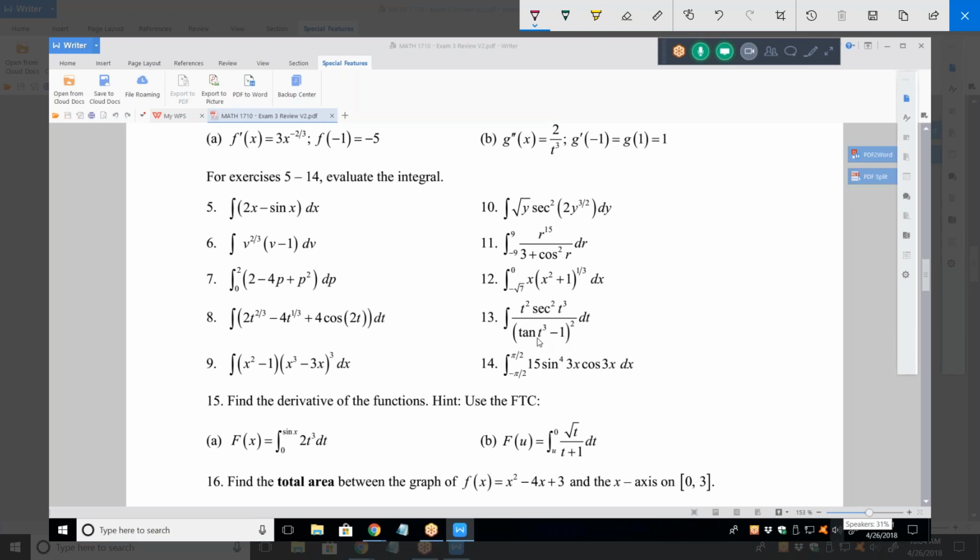It is not the tangent of the quantity t cubed minus 1. So it was stupid to even make t cubed minus 1 be u. You don't have the tangent of u. T cubed minus 1 is not the argument of the tangent function there. So we've got to let t cubed be u. I'll bet that actually solves the problem. I think. I don't know, I'll have to do it. I'll let you know. The email may just be as simple as let u be t cubed. I'll give it some thought.